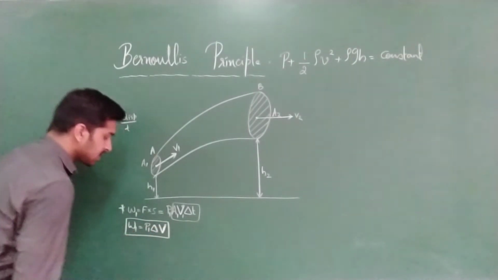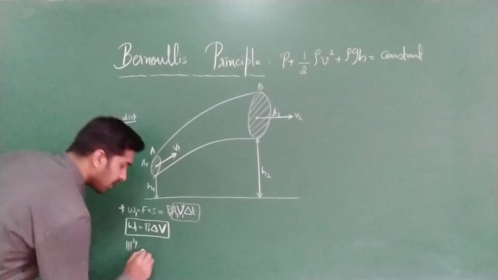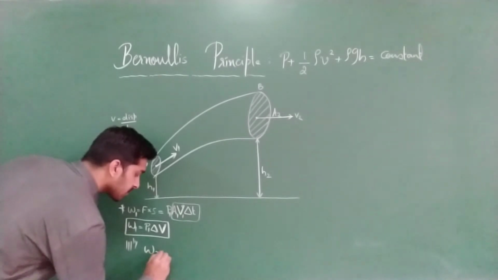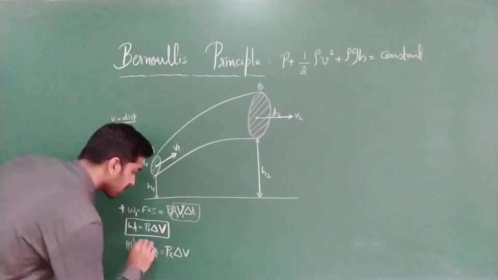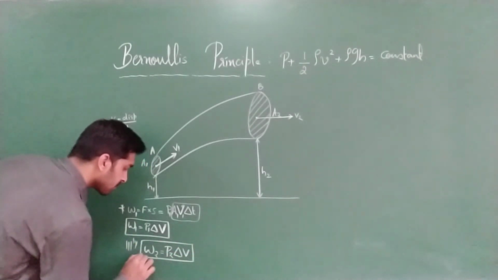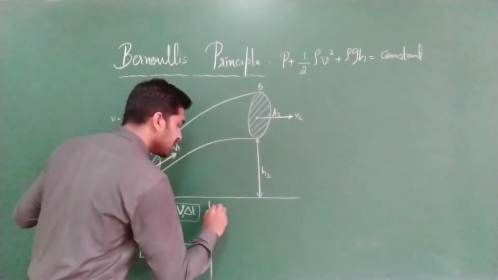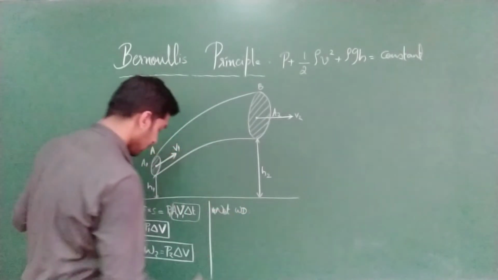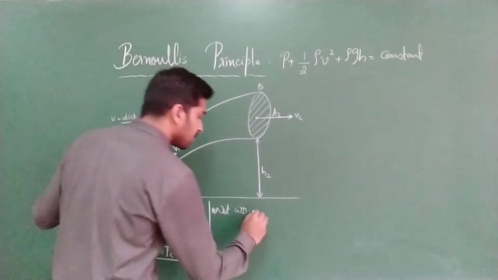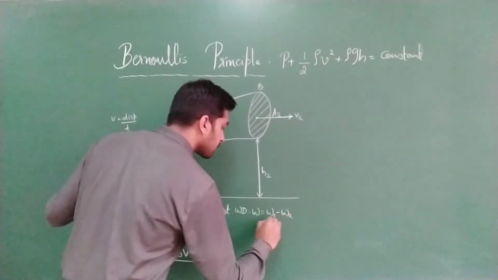Similarly, W2 is equal to P2 into delta V. So net work done is W equal to W1 minus W2.